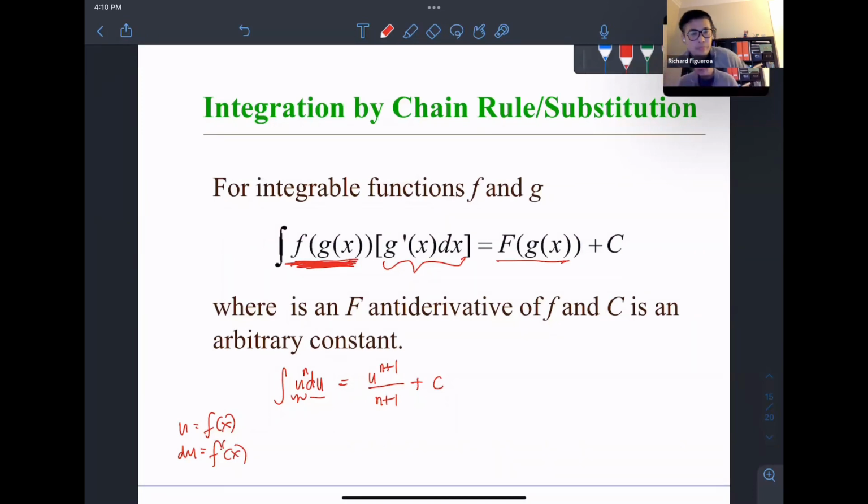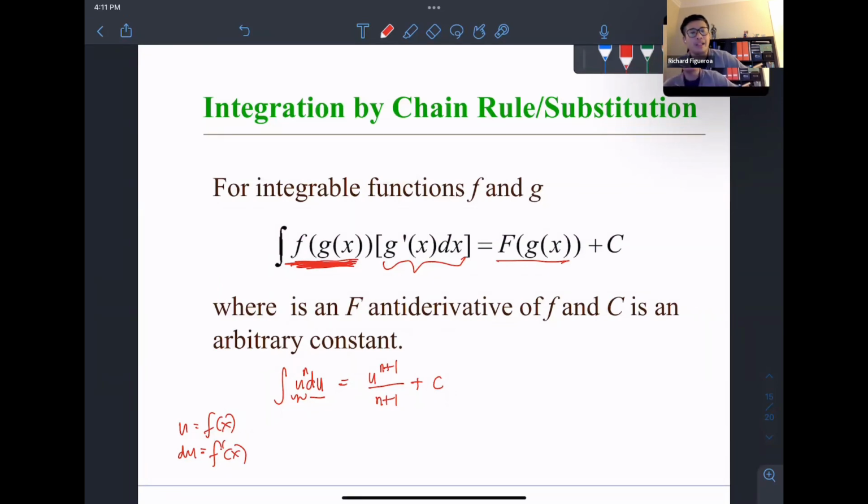If we have a certain function raised to a certain exponent, that exponent could be an integer, a rational, a fraction, or a ratio.